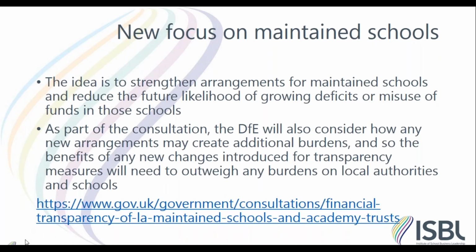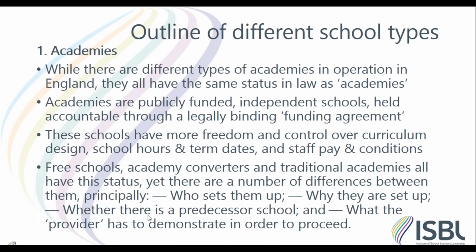Okay, so we've talked about accountability, we talked about structure. I'm going to move on now to understanding the difference between the types of schools that exist within our system. And just a quick canter through to begin with academies. We talked a little bit about their composition, but let's just revisit some of the characteristics.